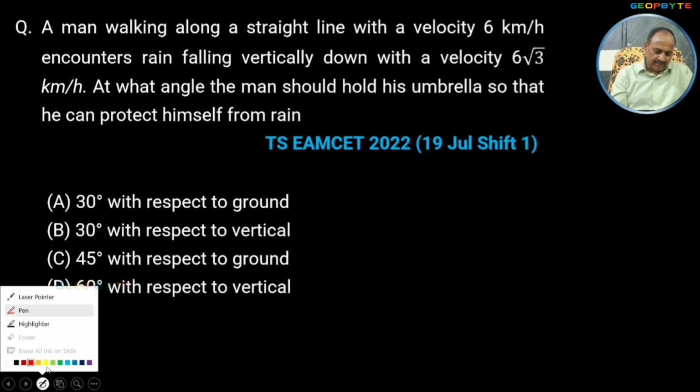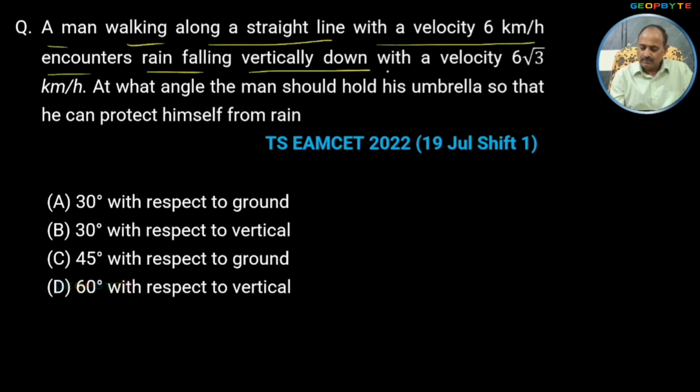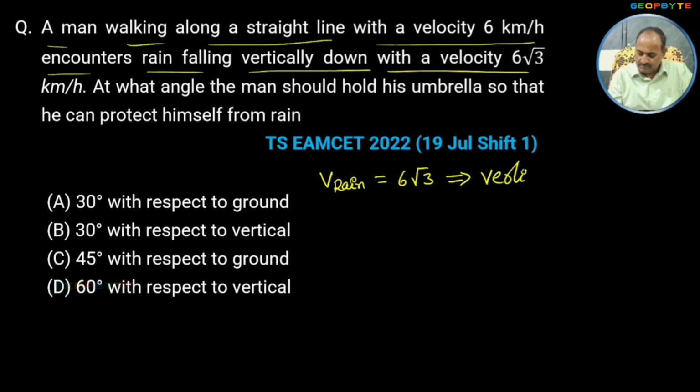Look at the screen. Asking like this. A man walking along a straight line with a velocity 6 km per hour encounters rain falling vertically down with a velocity 6 root 3. Velocity of the rain 6 root 3, it is falling vertically downwards.